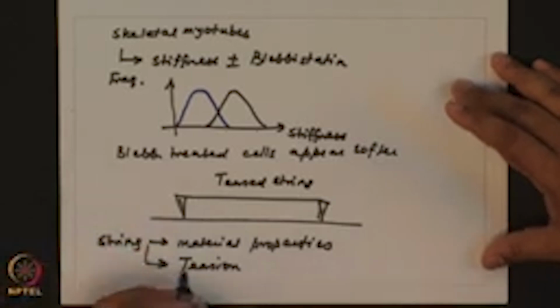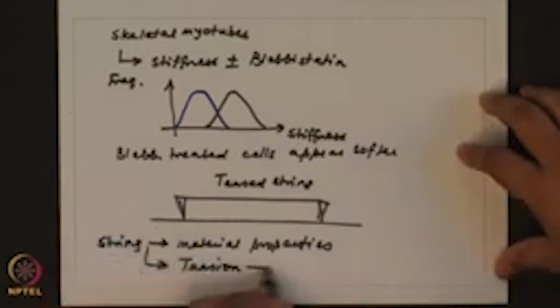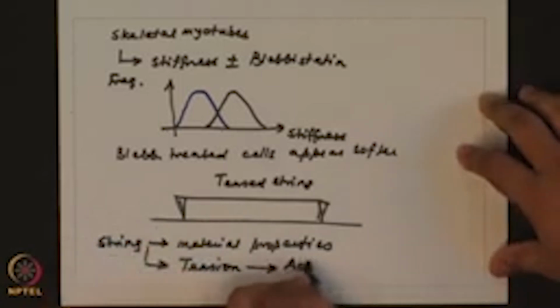What is the source of this tension? If you anchor it to the substrate, the source of this tension is actomyosin contractility.